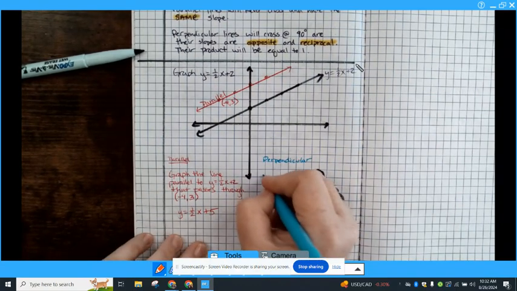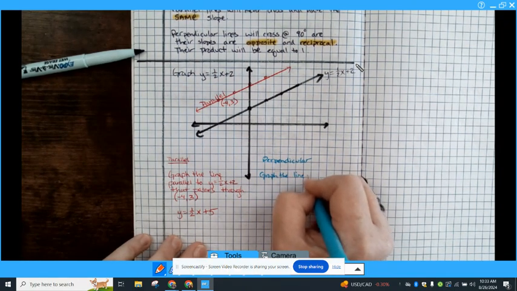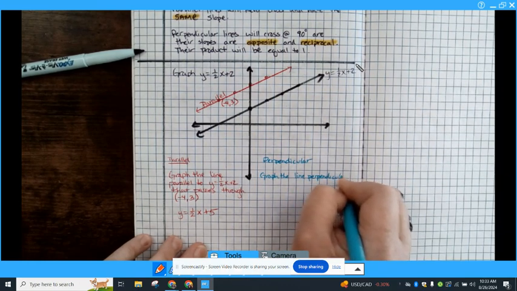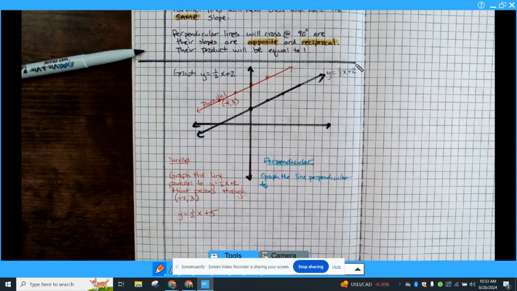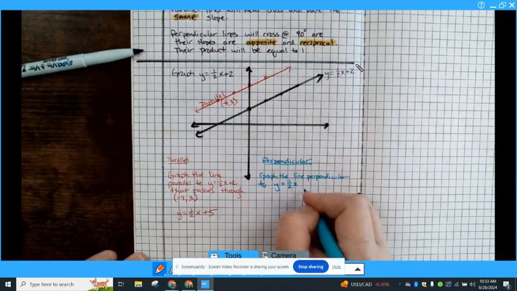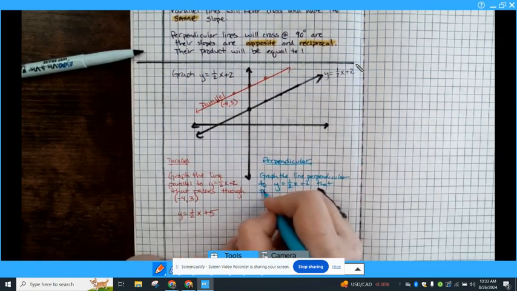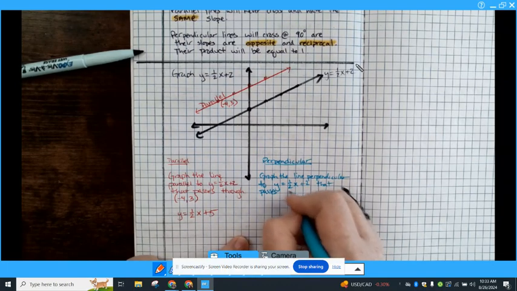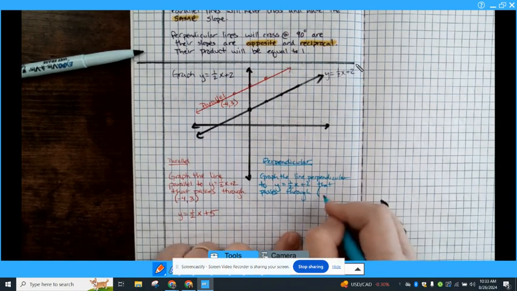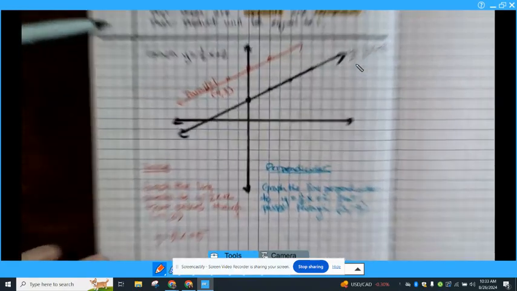So we're going to graph the line perpendicular to y equals 1/2 x plus 2 that passes through 3, -2. So I'll zoom in.